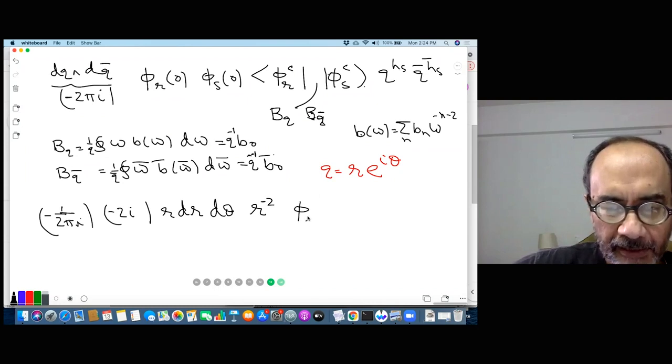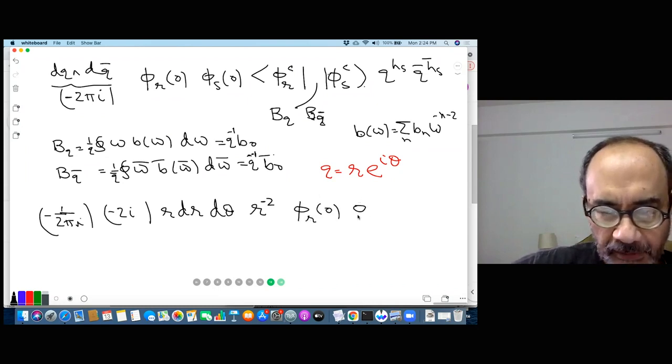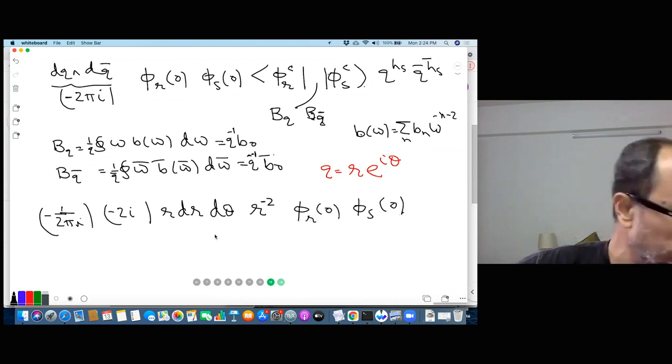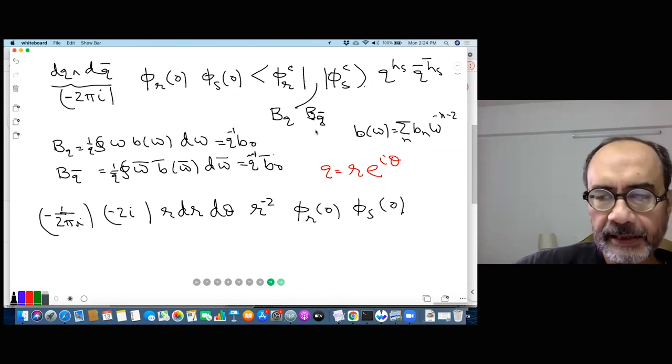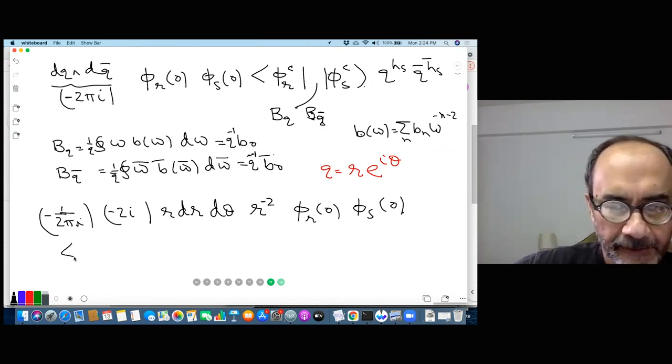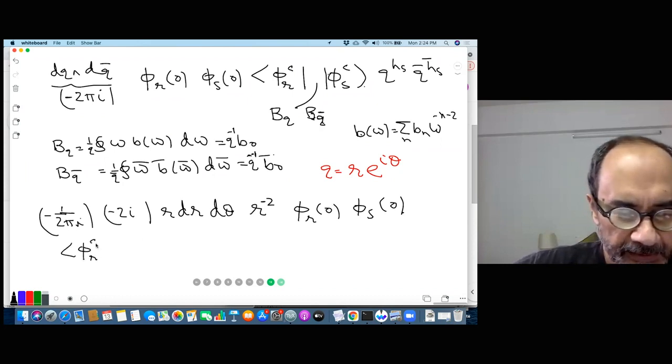Then we have phi_r of 0, phi_s of 0. Then, here b0, let me write this here: phi_r^c b0 b0 bar phi_s^c.